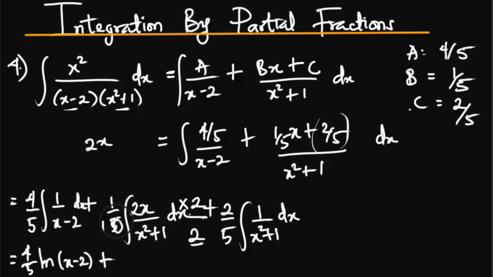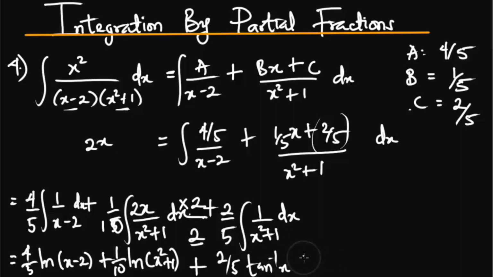And so the answer to this integral will be 1 over 10 ln of x squared plus 1. Alright, I hope you understand that. And then for this we have 2 over 5. The integral of 1 over x squared plus 1 is tan inverse of x, and then plus c. And that is it. That is the answer to the question.